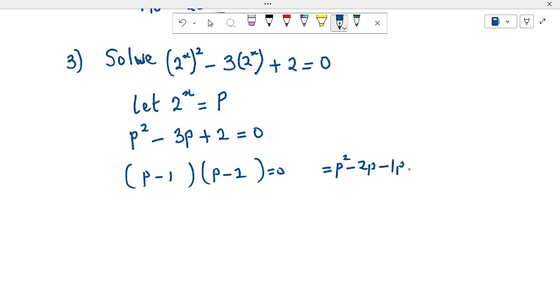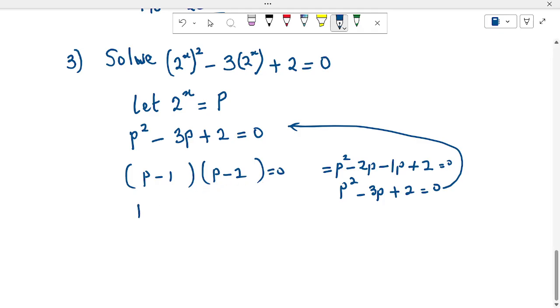When minus and minus multiply, it turns to plus 2 equals to 0. Let's add it up. Gather like terms. Minus 3p plus 2. You can see that we got back our equation. So that means factorizing this way is correct.